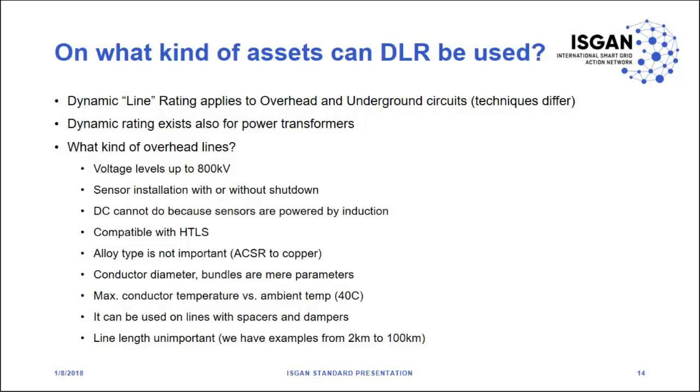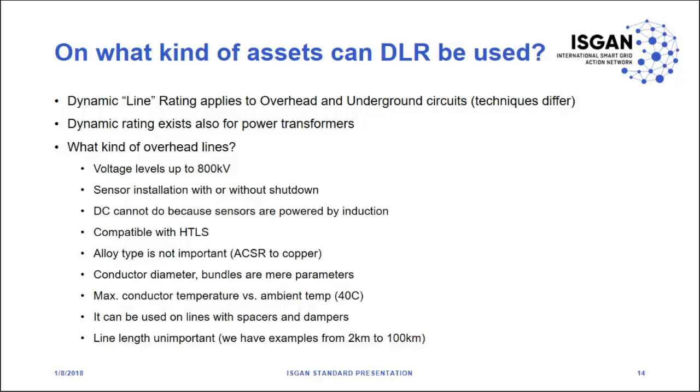But gains are possible, and it's always good to monitor your circuits, if only for safety. After the overhead line and underground circuit, there are transformers, so there are also dynamic ratings for transformers. It's not today's subject.